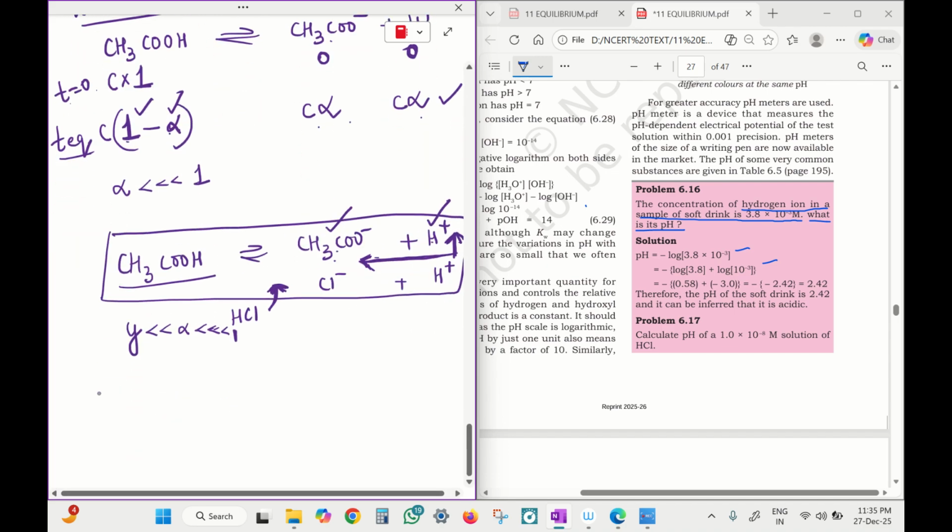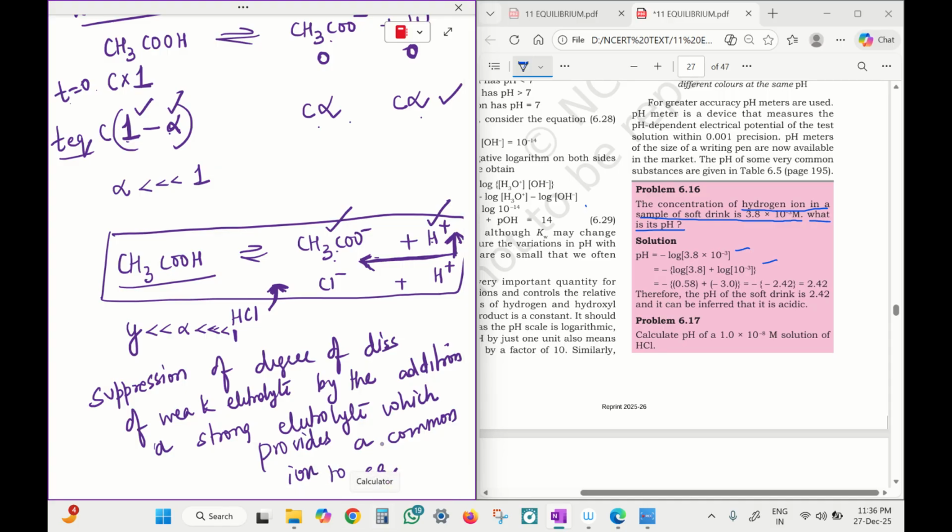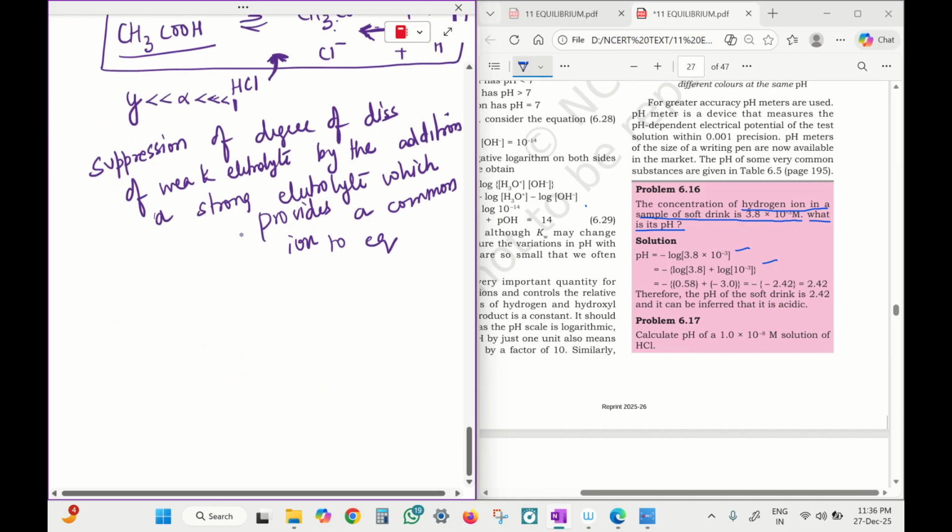The suppression of degree of dissociation of a weak electrolyte by the addition of a strong electrolyte which provides a common ion to the equilibrium.